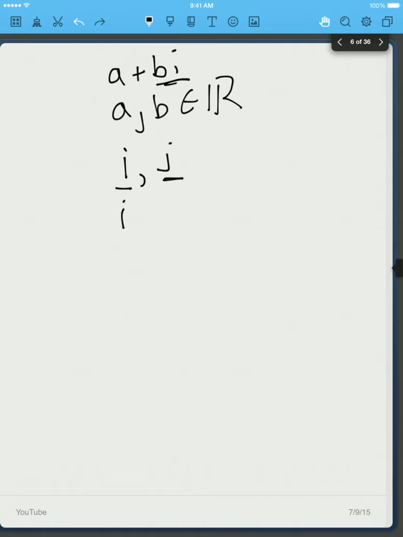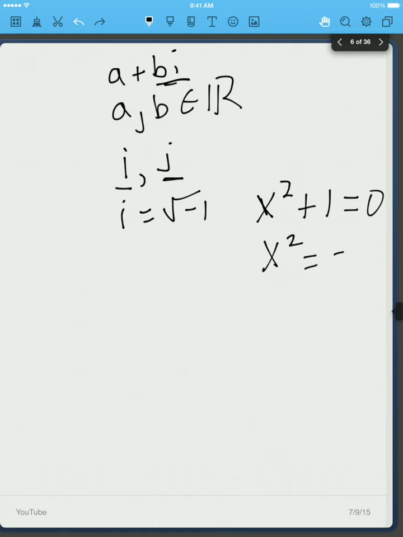But i equals the square root of -1, which comes up from trying to understand the solution to the polynomial x squared plus 1 equals 0. If you look at this, obviously x squared equals -1, so x equals plus or minus the square root of -1.